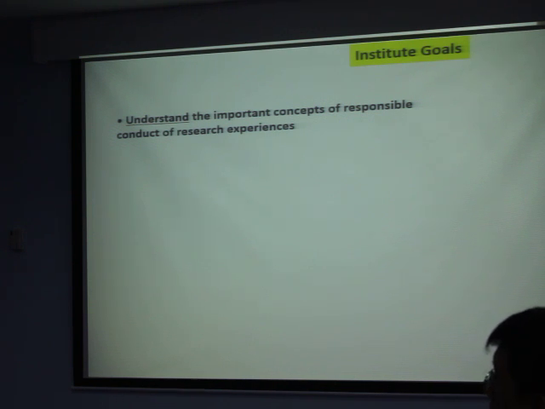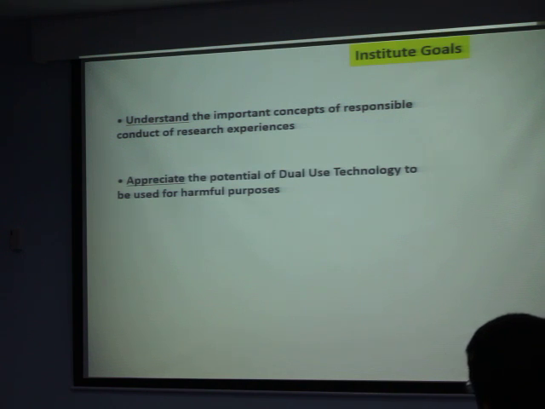So goals are broad, overarching, far-reaching, whereas objectives are more targeted. We want you to understand something, but what's our objective? To get you to appreciate the potential of dual-use technology to be harmful for science.